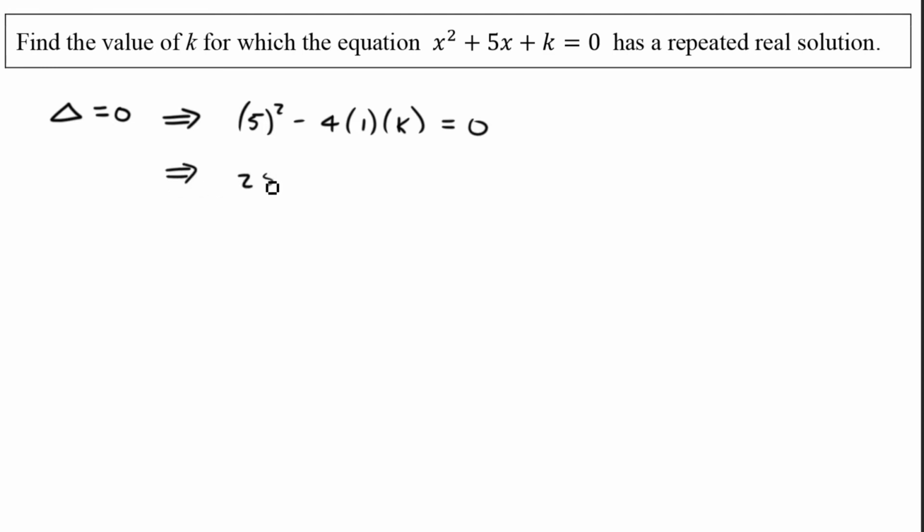So 5 squared is 25, subtract 4k is 0. That means that 4k is 25. And if our original quadratic equation has a repeated solution, then the value of k must be 25 over 4.